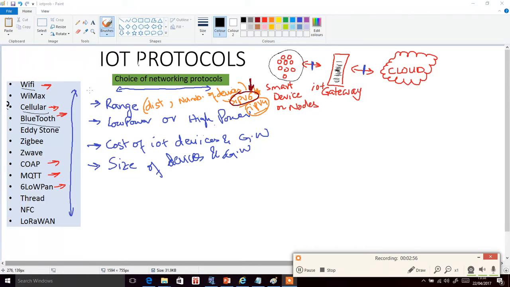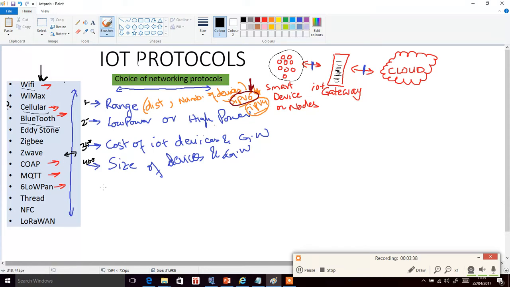Now we will discuss each of these, or at least most of these communication protocols, as they are listed in this list here, and we will describe the range, the power constraints, the cost, for example whether they are for expensive IoT devices and gateways or for cheap ones, or what is the size of the devices that can support each of these IoT protocols.